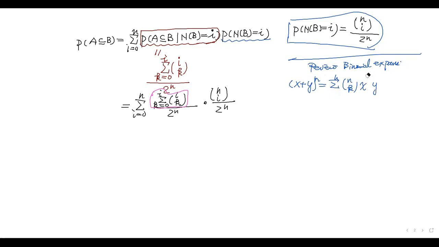Let's say n choose i. So here, this is n choose i, so we don't confuse it with the k here. So this is x to the i, y to the n minus i. This is the famous binomial expansion.